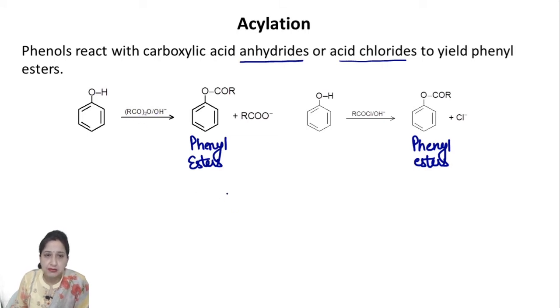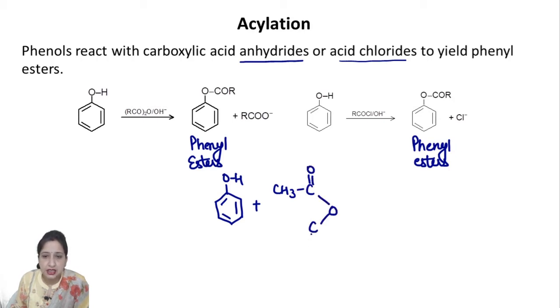Okay? For example, if we draw this as phenol, if we react this phenol with any acid anhydride like this is your acetic anhydride, which is formed by the union of 2 carboxylic acid molecules by the removal of water. Okay, so this is acid anhydride.